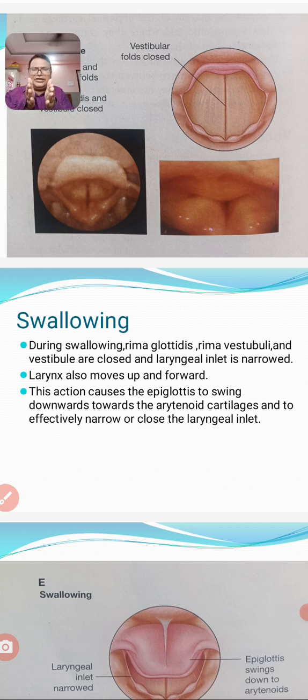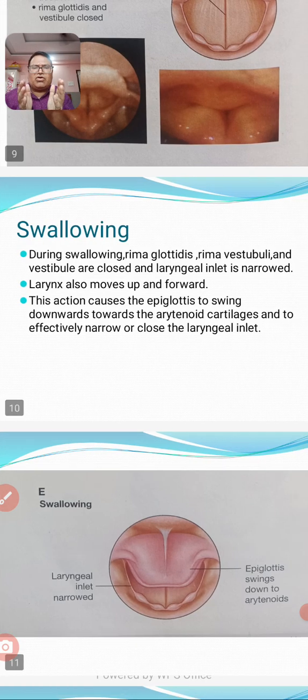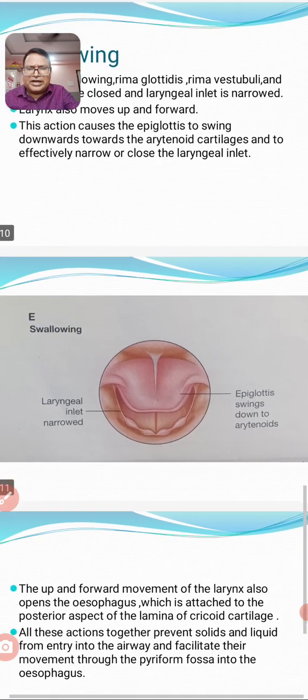The larynx also moves up and forward, and this action causes the epiglottis to swing downward towards the arytenoid cartilages, effectively narrowing or closing the laryngeal inlet.